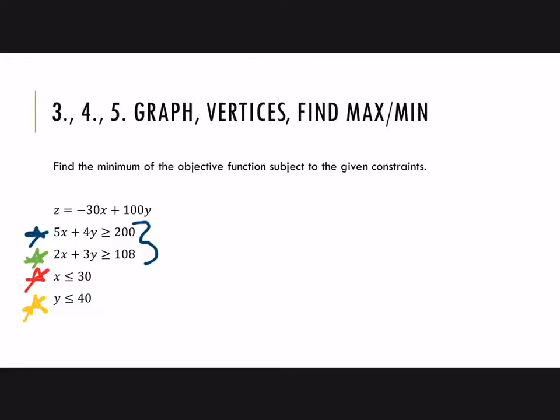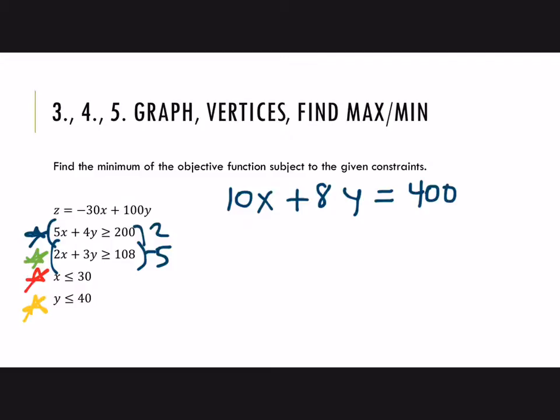Okay, so 5 and 2. So I'm going to multiply the first equation by 2. And I'm going to multiply the second equation by 5. And I need to make one of these negative, so I'll choose the second one. So the first equation becomes 10x plus 8y, and then I'm going to pretend for now it's an equal sign, is 400.